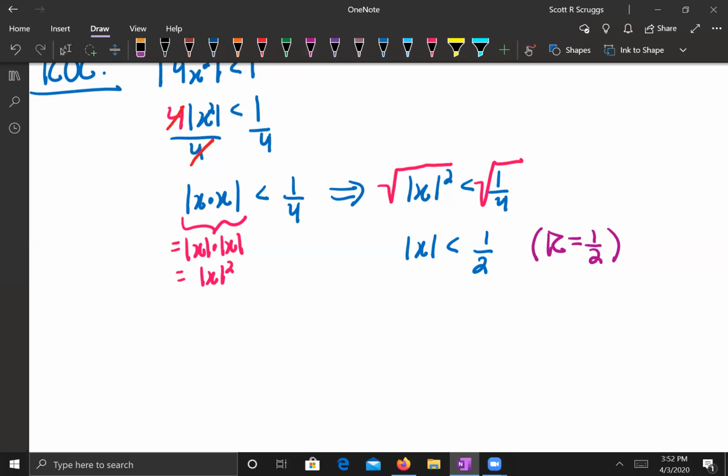So I can't drop it yet, and that's mainly because when I take it out of the radical, I don't know if I'm positive or negative. And so that absolute value is staying in there to maintain that I'm remaining positive. So that's why I'm still keeping it in there. That is a good point, though. So I'm glad you brought that up. All right. So now we have our radius of convergence.